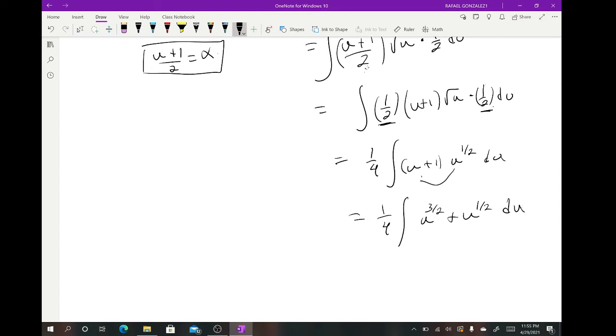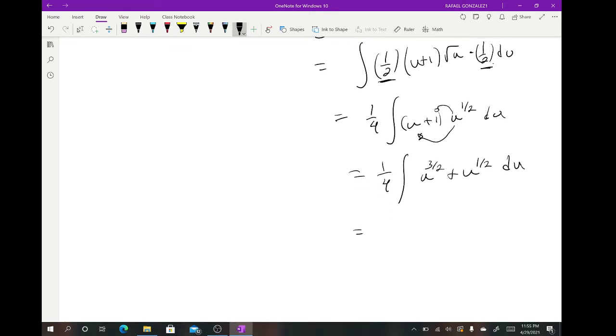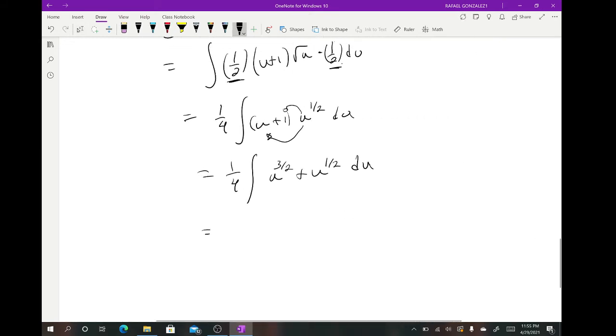That's just by distributing. And now when we take the antiderivative, we're going to have 1/4 times, again, the antiderivative of u to the 3/2, you're going to have 3 over 2 plus 1, so the same thing as 3 over 2 plus 2 over 2.